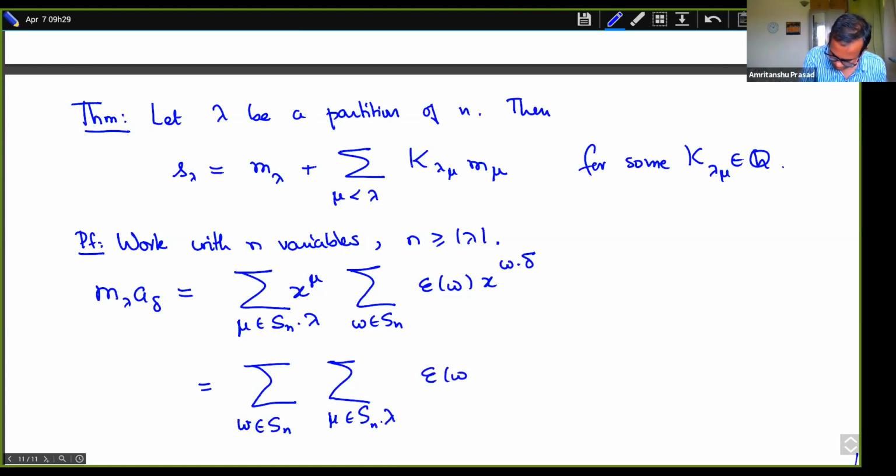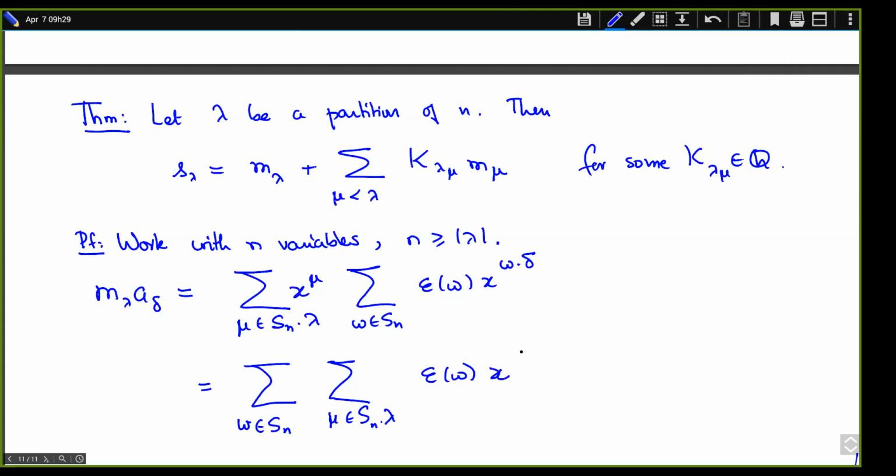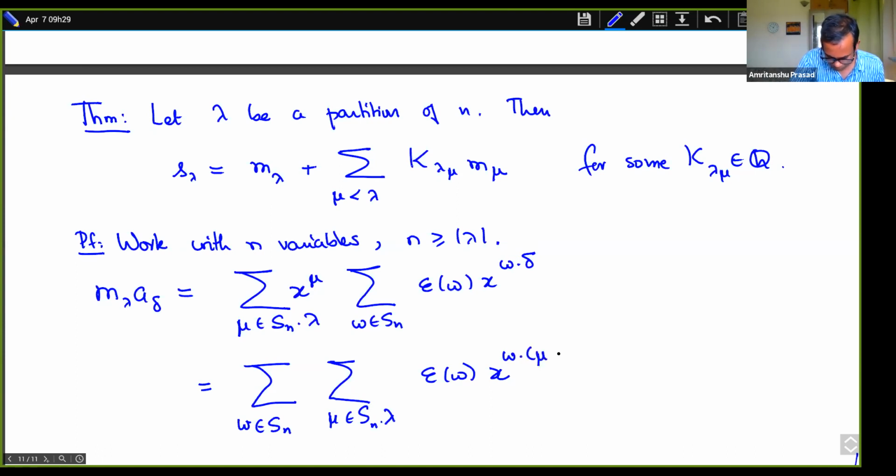Let me write it down and then see if it makes sense. X to the power mu plus w lambda, but since mu is running over an entire Sn orbit, I can put that w into that. So I get w dot mu plus delta, not lambda. Okay, so is this okay?